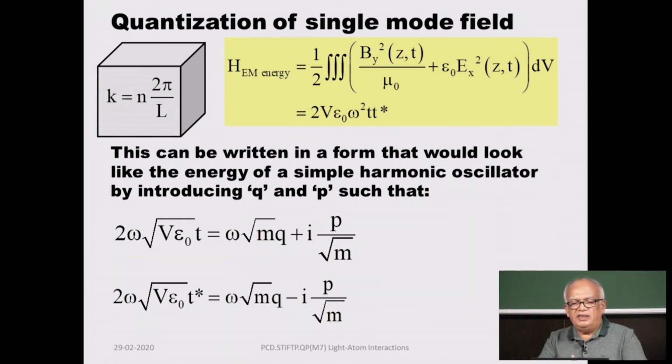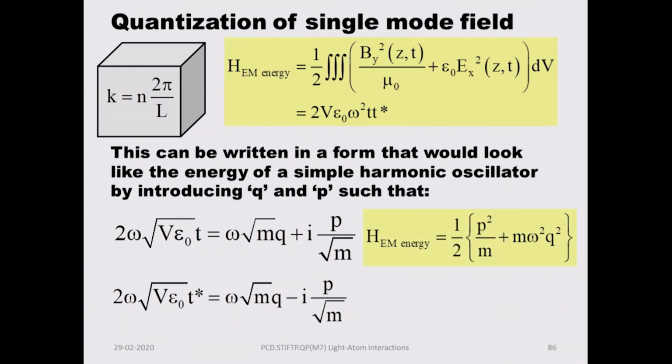So we define T and T star in terms of Q and P. We have got the total electromagnetic energy, and quantization we will invoke through the usual uncertainty relation, which we already know for the position and momentum operators, but the role of the position and momentum operators over here is completely formal. We just use them to define the quantization of the electromagnetic field.